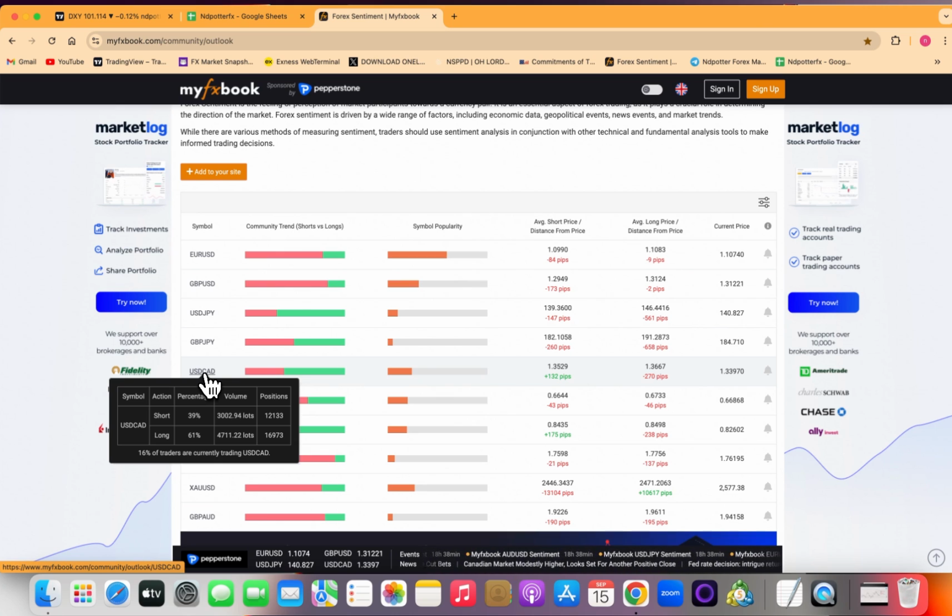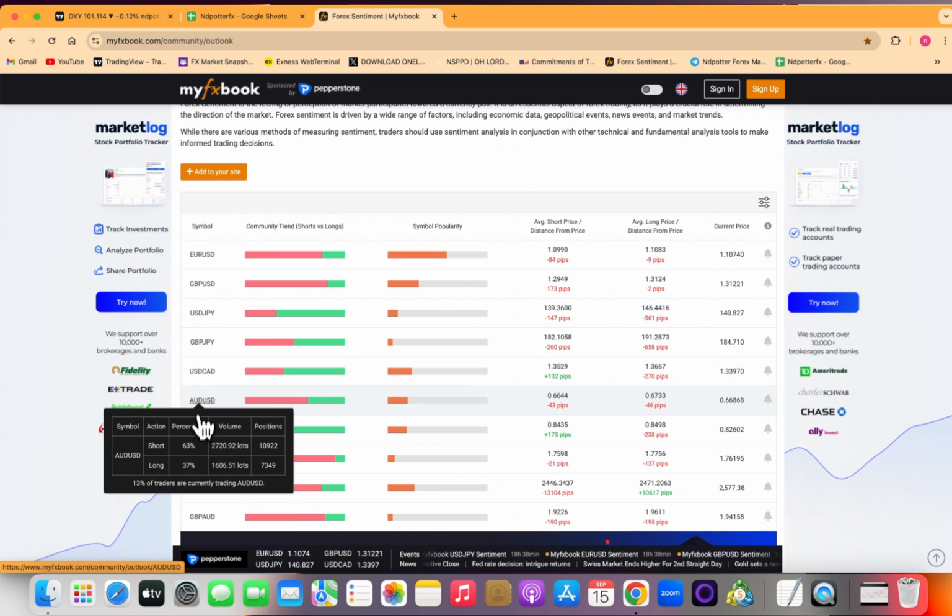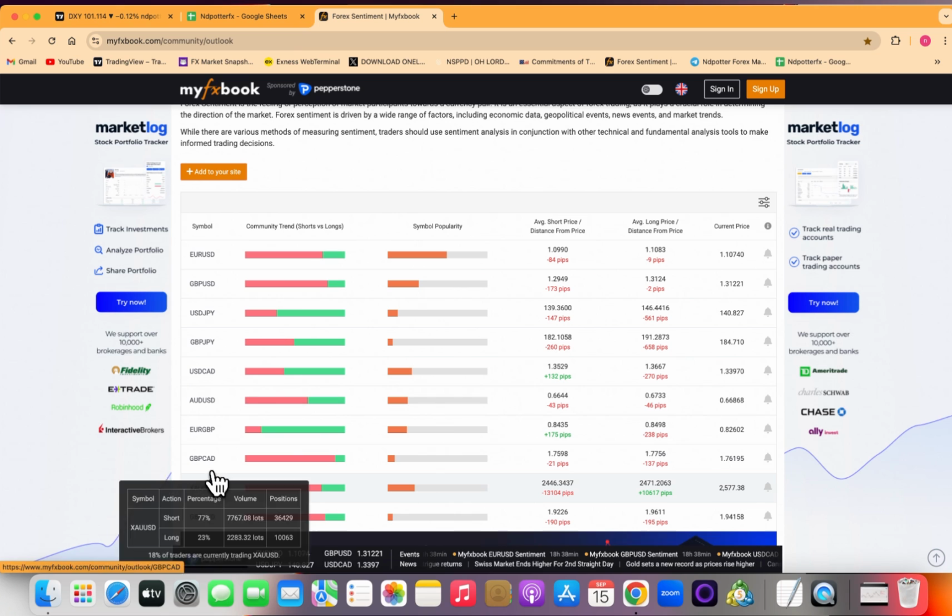As you know, the more they are increasing their long, that's when markets will be dropping. So I expect them to increase this long, and they are increasing for price to continue dropping. AUDUSD, you can see their long is currently on 64%.